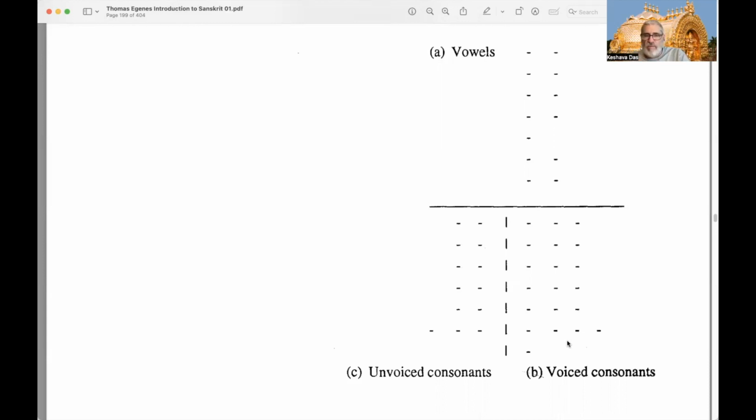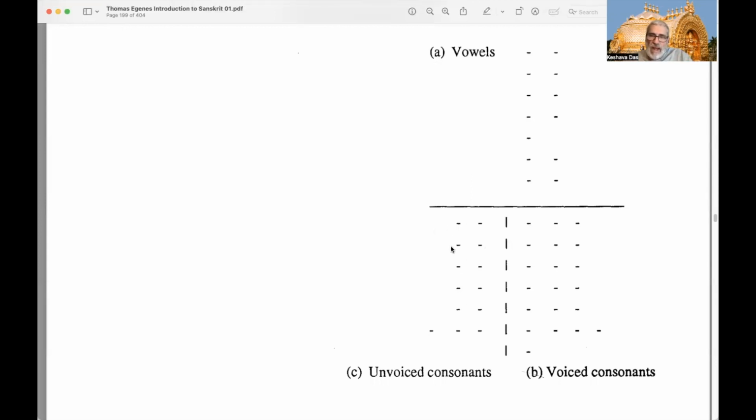The reason he's put it like this is because if we fill in the blanks he's given, it's pretty obvious. We could fill in the blanks: e, u, ri, a, i, o, au. Those will be the vowels. All these dashes represent letters of the alphabet. I don't know why he didn't just write those in there. Maybe he will as we go on.